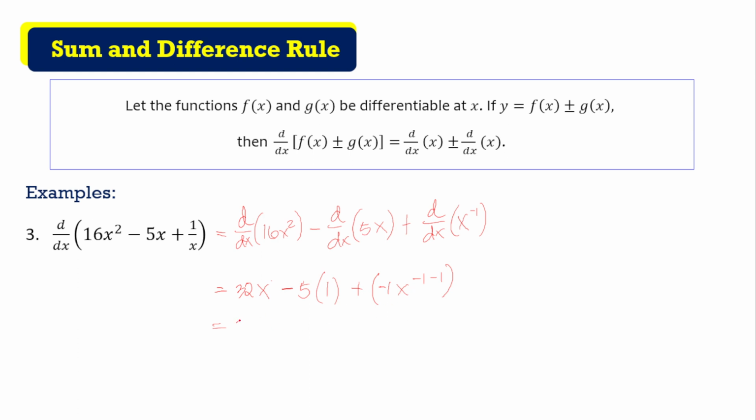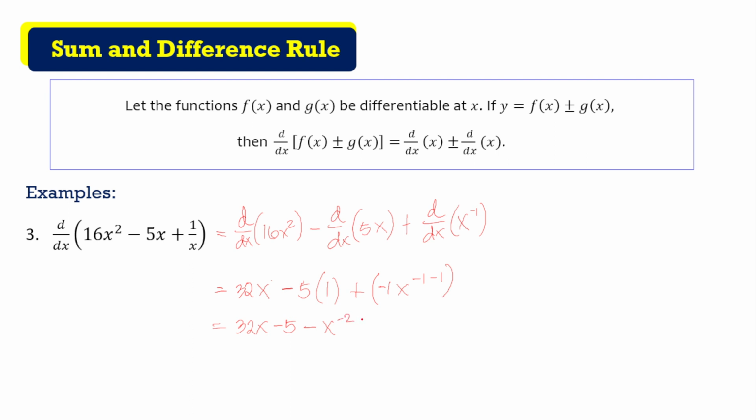Now simplifying, we write down 32x, 5 times 1 is just 5, plus a positive times a negative becomes negative, so negative x. We don't need to write the coefficient 1, because in algebra we can just write x. We can understand that it has a coefficient of one. Okay, so negative 1 and negative 1 is negative 2.